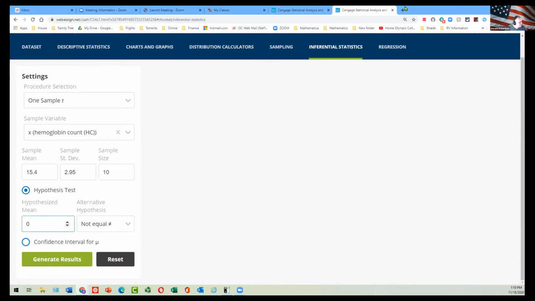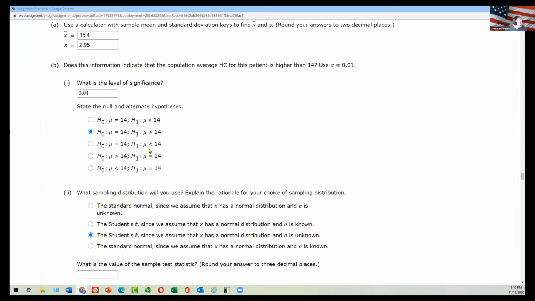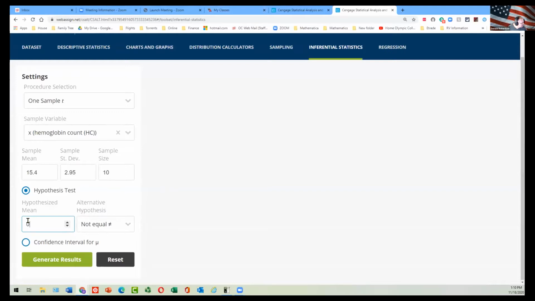In this hypothesis, weren't we looking for bigger than 14? So you put 14 in here and you're looking for the one that's bigger than.